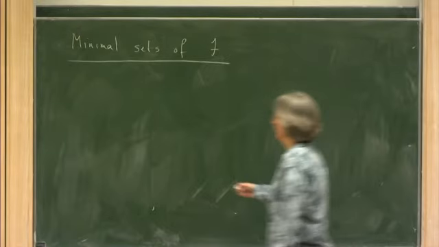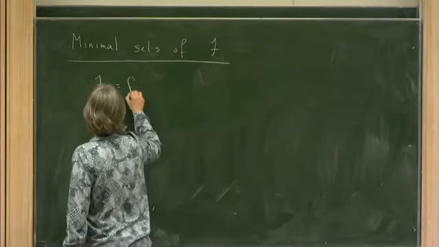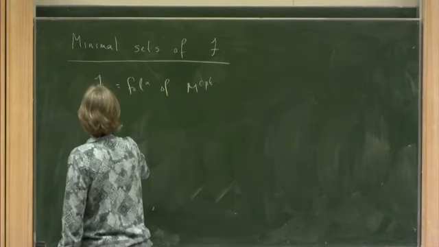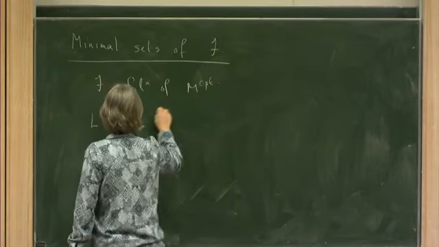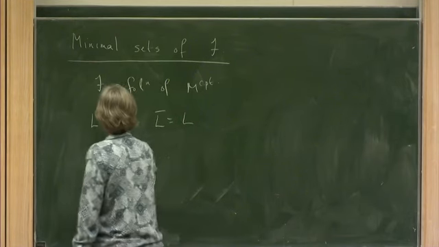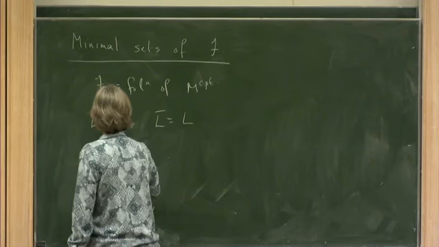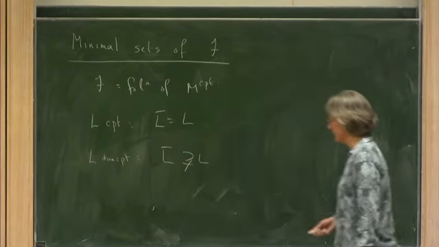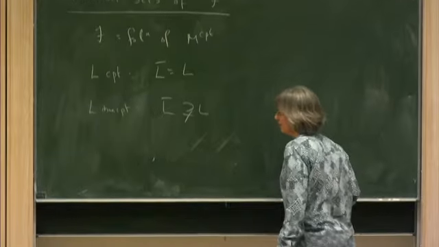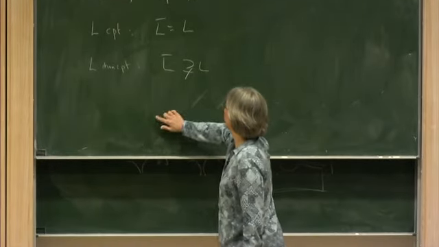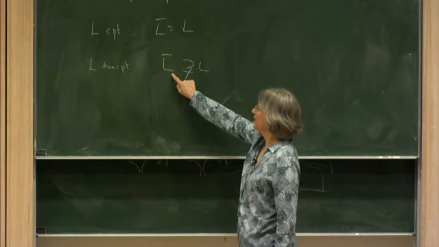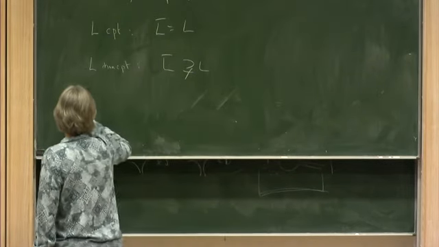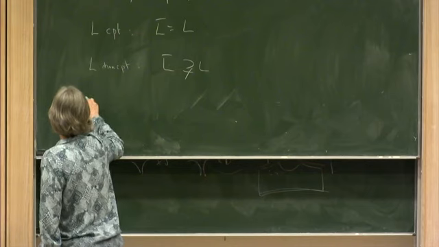So I've got F, a foliation of M. If L is compact, then I've got that the closure of L is just L. But if L is non-compact, then the closure of L is going to properly contain L. Now we want to think about sets that look like L closure and don't properly contain any other leaf closure. So we have this definition.